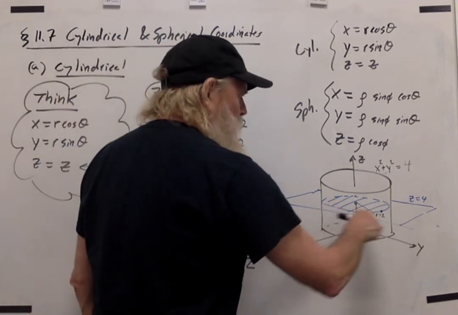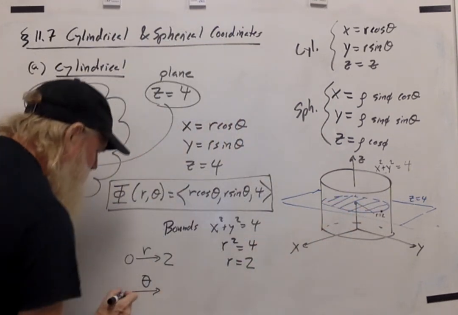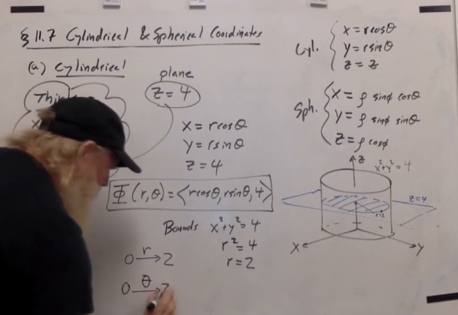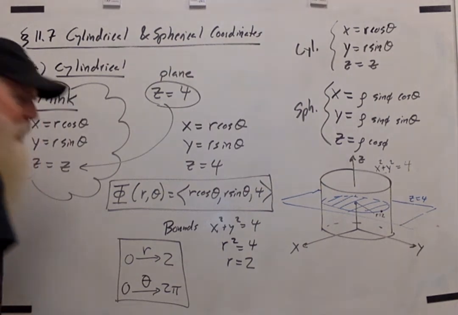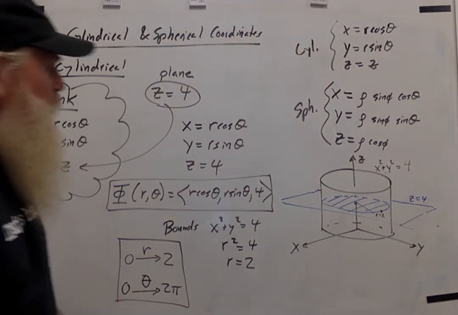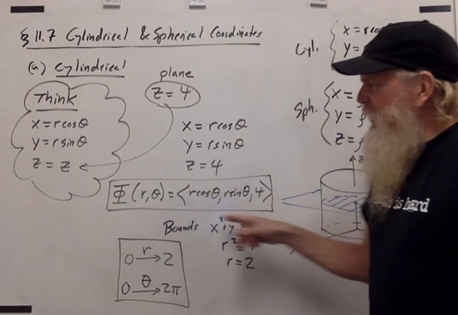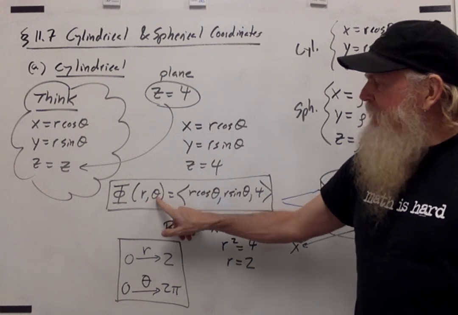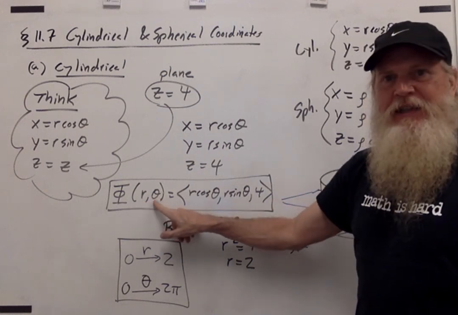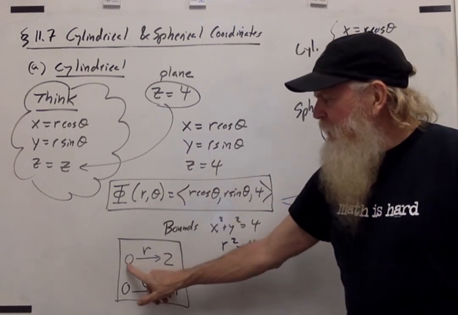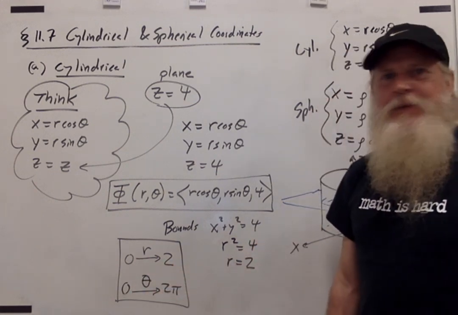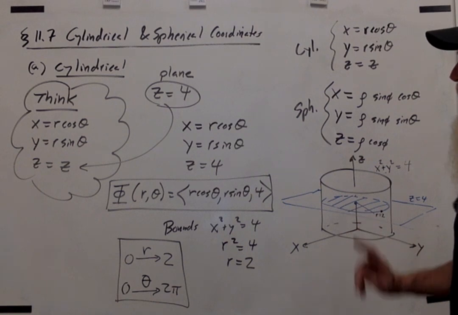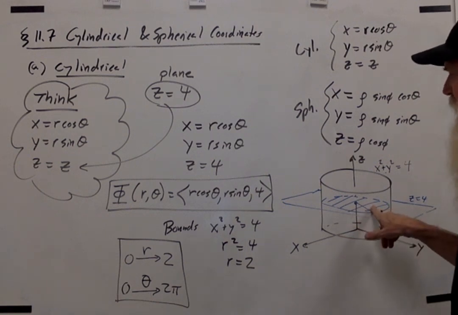And since I go all the way around the z-axis, theta is going to go from 0 to 2 pi.